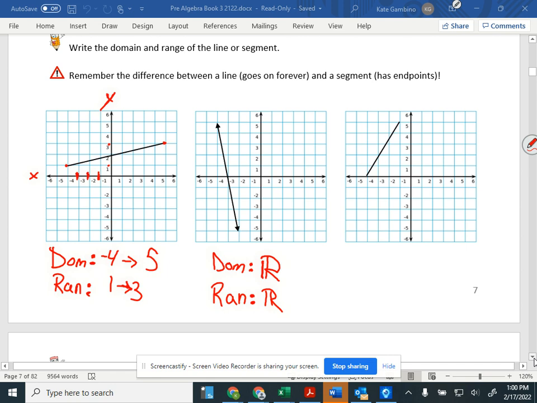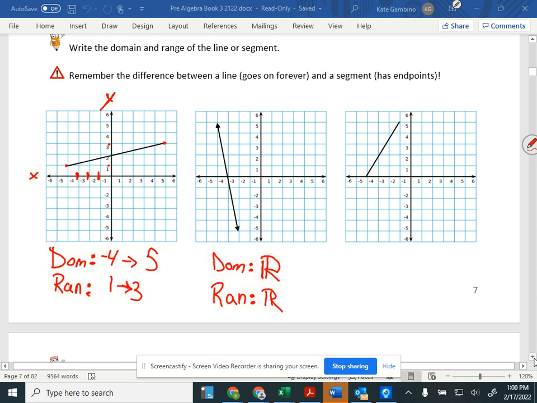Let's look at our last figure. Is our last figure a line or a segment? A segment. So what does that tell us, Nathan?